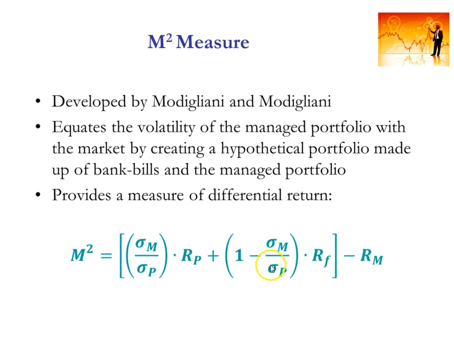An alternative measure that also uses standard deviation as a measure of risk, however, has the added benefit that it can give us a measure of the magnitude of outperformance, is the M-squared measure.